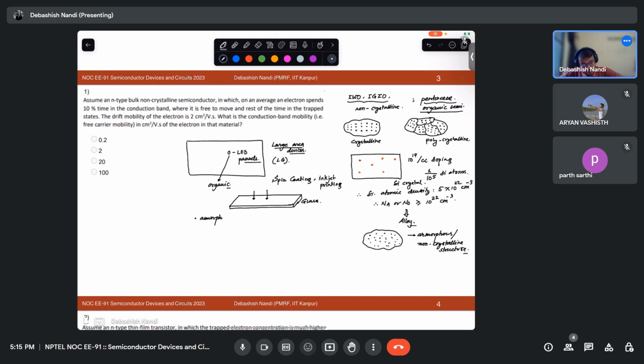There is a very different course for this kind of structures or semiconductors, and the main transistors are generally called thin film transistors, which are the building blocks.